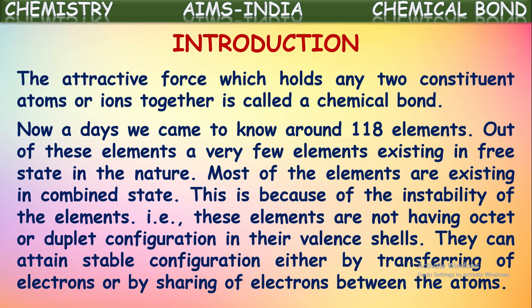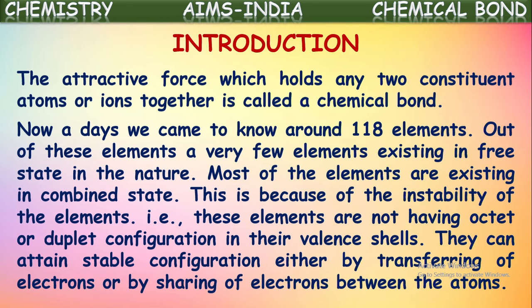Out of these 118, very few elements have that octet or duplet configuration. We know those elements with this octet or duplet are called noble elements. But like that noble elements, very few are there. Most of the remaining elements do not have this octet or duplet and hence they are unstable.